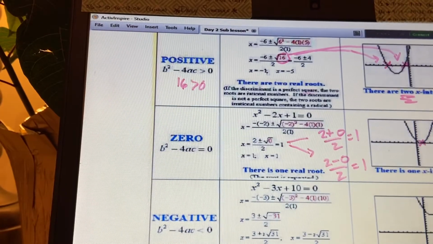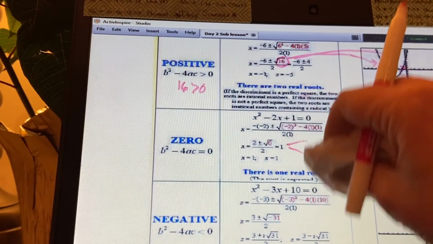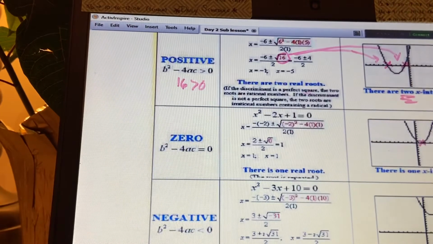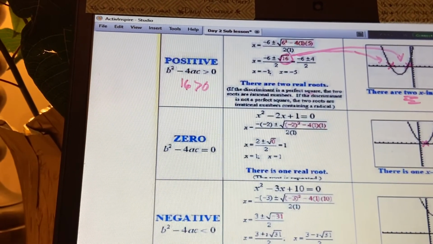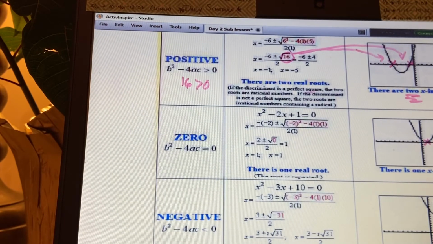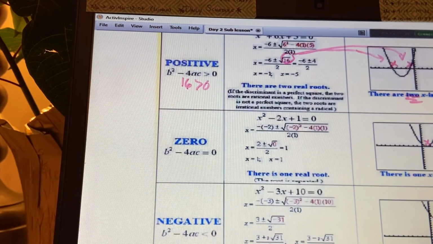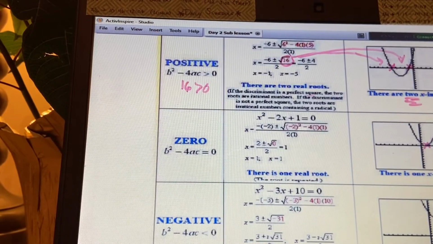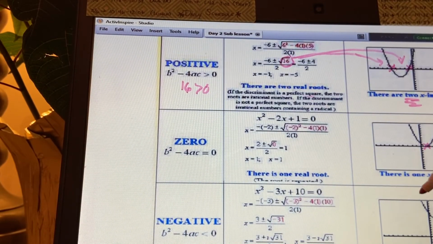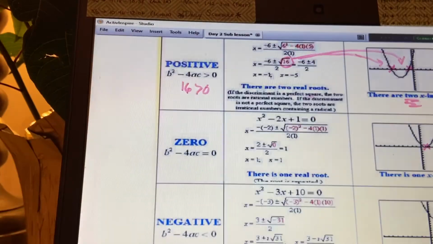And that's why we have the 1 double root, because adding or subtracting a 0 to something doesn't change it.